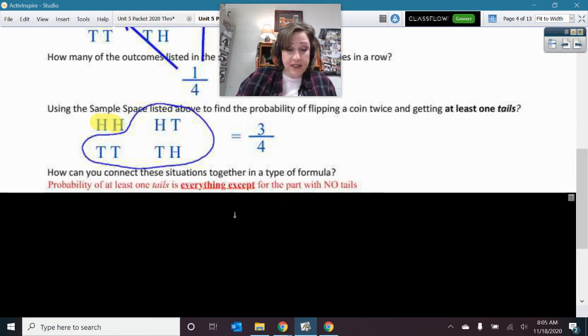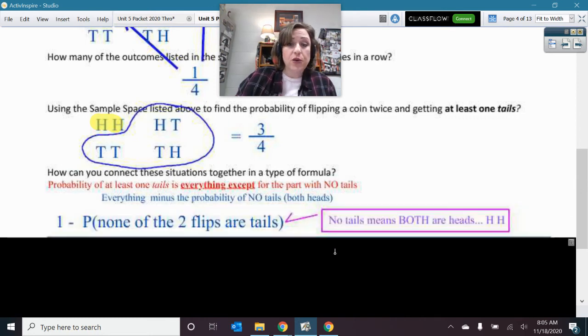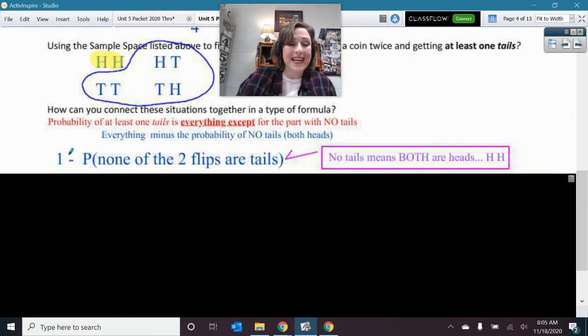So here's how we can think of this. The probability of at least one tails is everything except the part with no tails. Also, everything minus the probability of no tails. There were both heads. So here's how this works: 1 minus the probability that none of the two flips are tails.